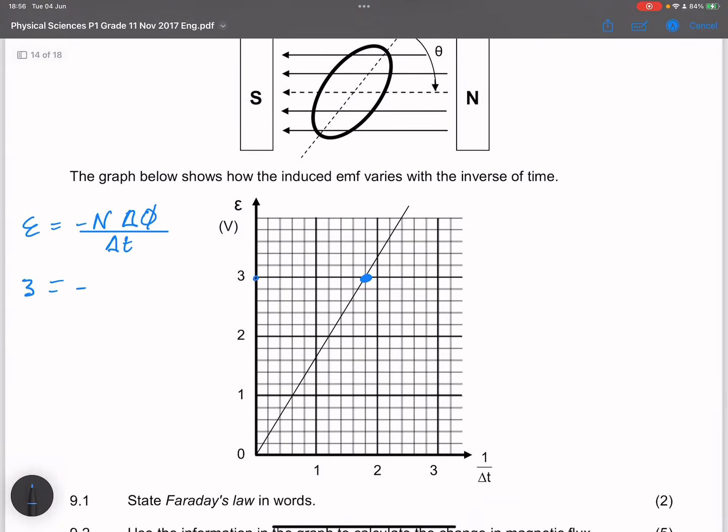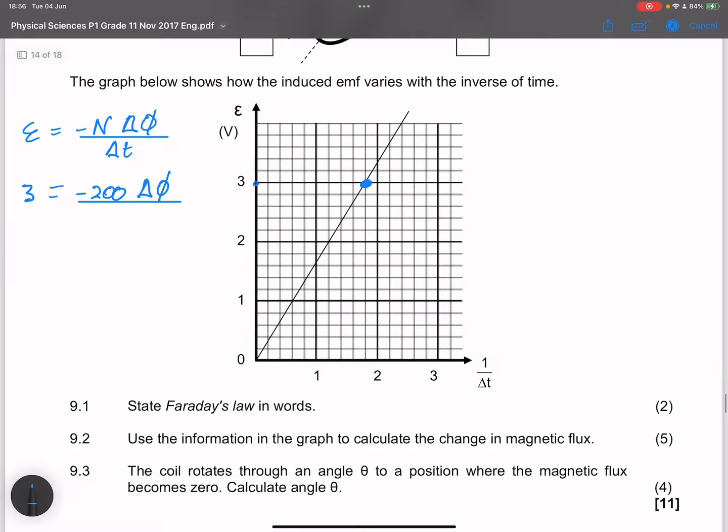So that's minus 200 times change in magnetic flux, divided by the change in time, ladies and gents, which is multiplied by 1 over change in time. So the corresponding 1 over change in time is 1.8.